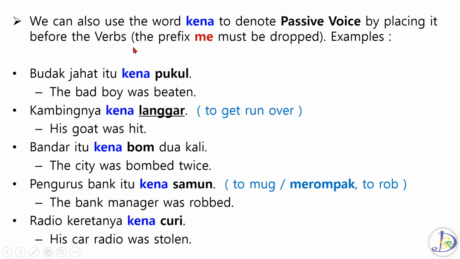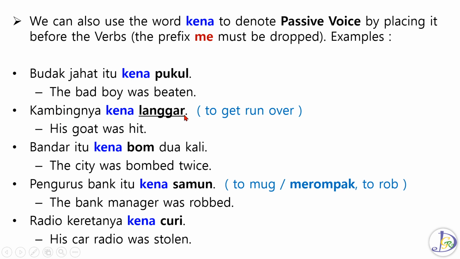We can also use the word kena to denote passive voice by placing it before the verbs. The prefix me must be dropped. Examples. Budak jahat itu kena pukul. The bad boy was beaten. Pukul means hit or beat.